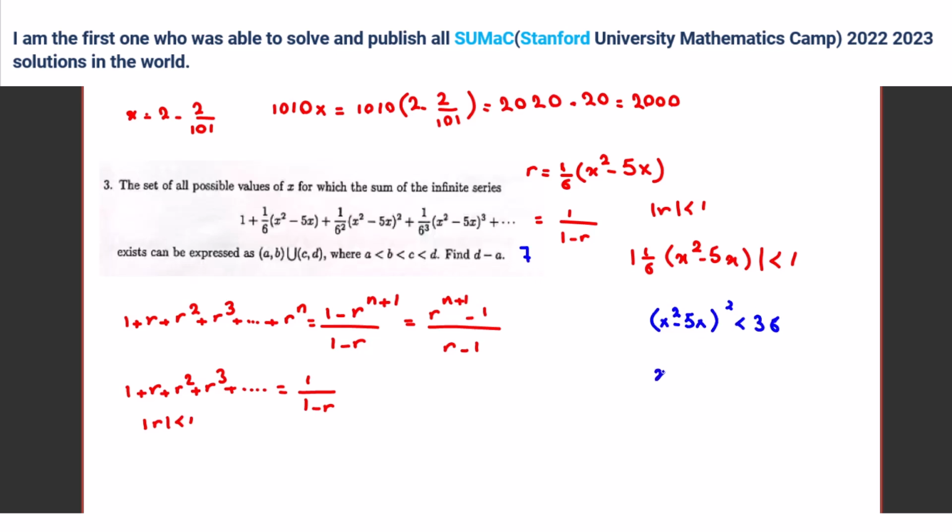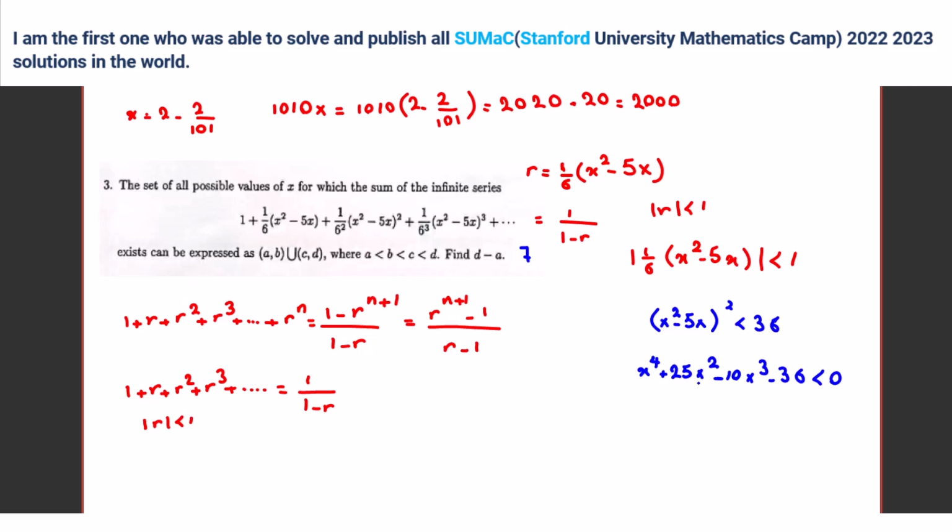Yeah, and then I used the difference of squares to simplify it down to two quadratics, and then I simplified that down into 4 roots. Minus 36 is less than 0, right?